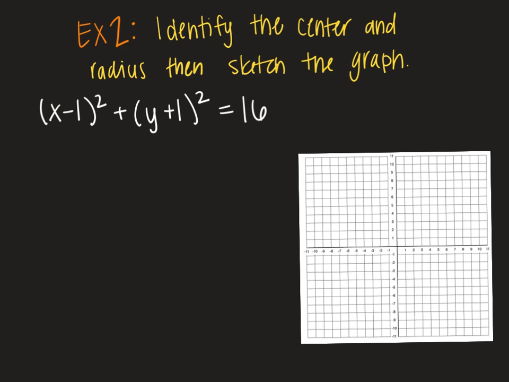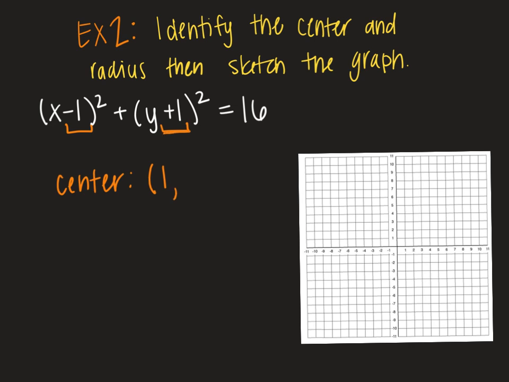So we have x minus 1 squared plus y plus 1 squared equals 16. We're going to do the same thing, identify the center. We're looking at these two for our center. Remember, we're going to change the sign. If this is a negative 1, that means my x value is going to be a positive 1.